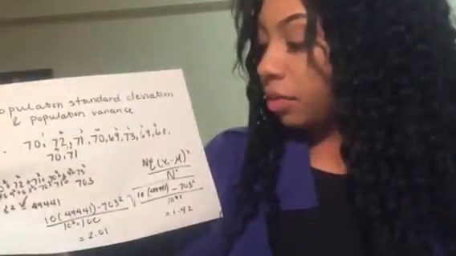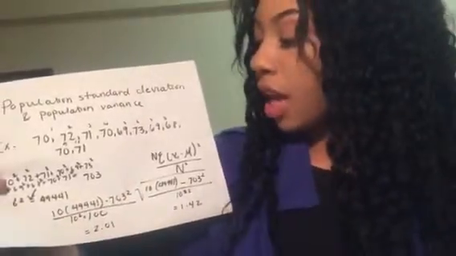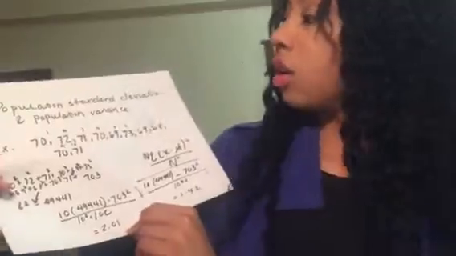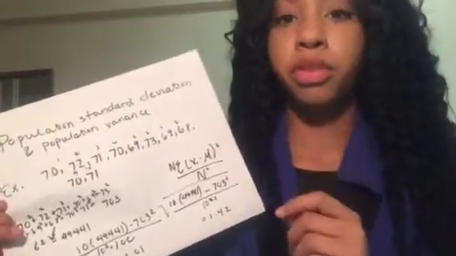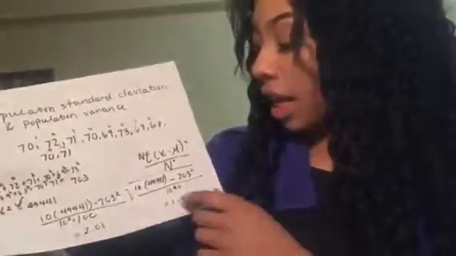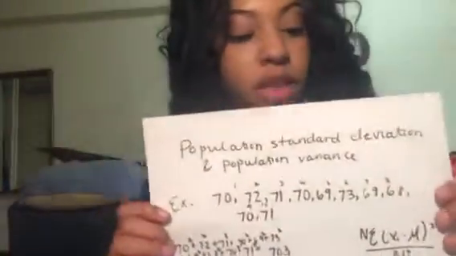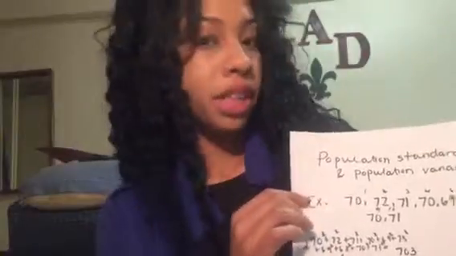After that, as you can see, I calculated it using the calculator, and I got 2.01 for the variance. And then, of course, like you did before, you have to square root it for the deviation, and I got 1.42. And that's how you do standard deviation for population and variance, and also finding the range for Chapter 3.